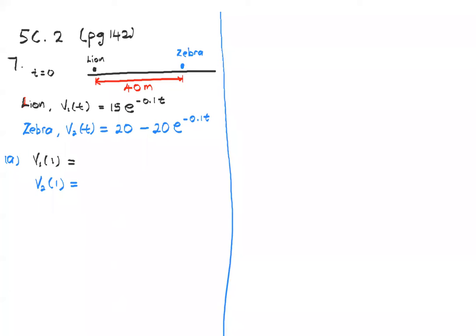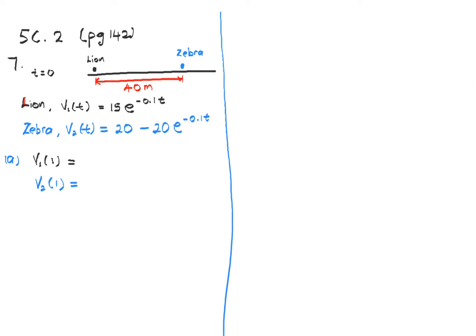Okay, so the first part. That is how, when I read the question, I interpret and write down the initial situation. The starting points of these two animals are different, so that we have to take note of. The first part of the question is very simple and straightforward.